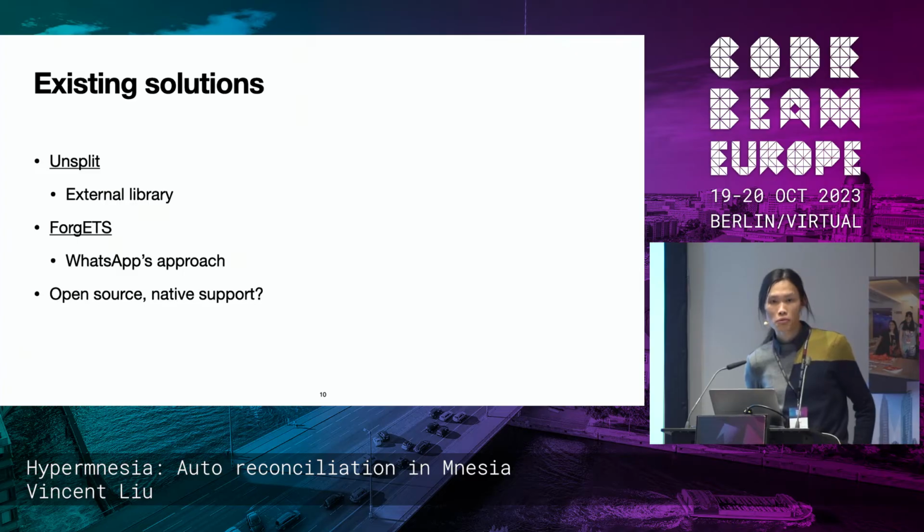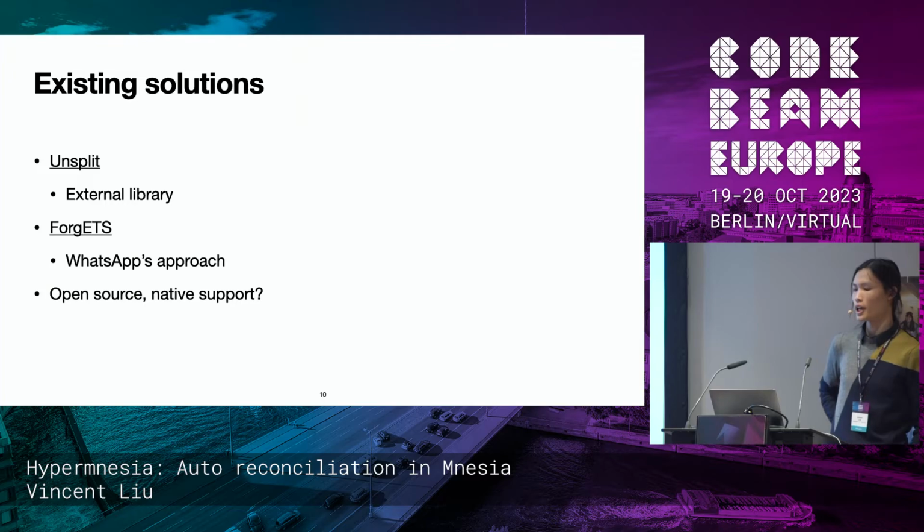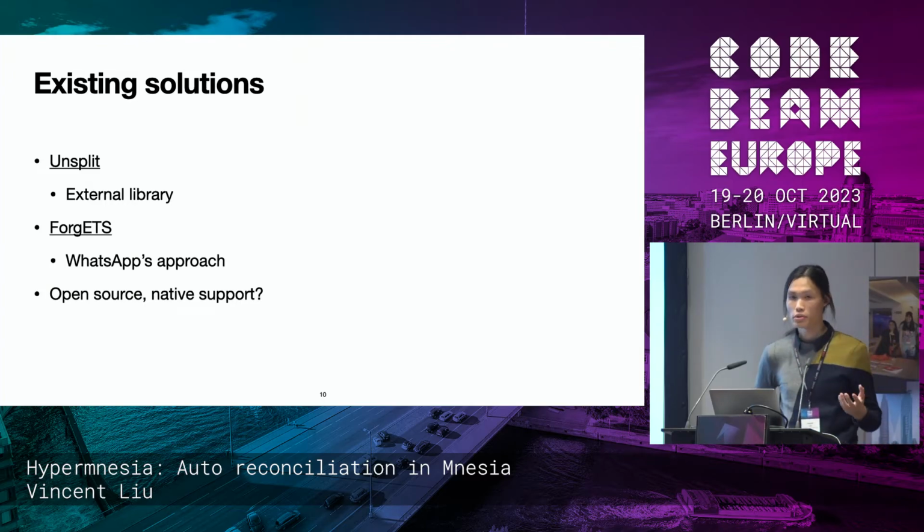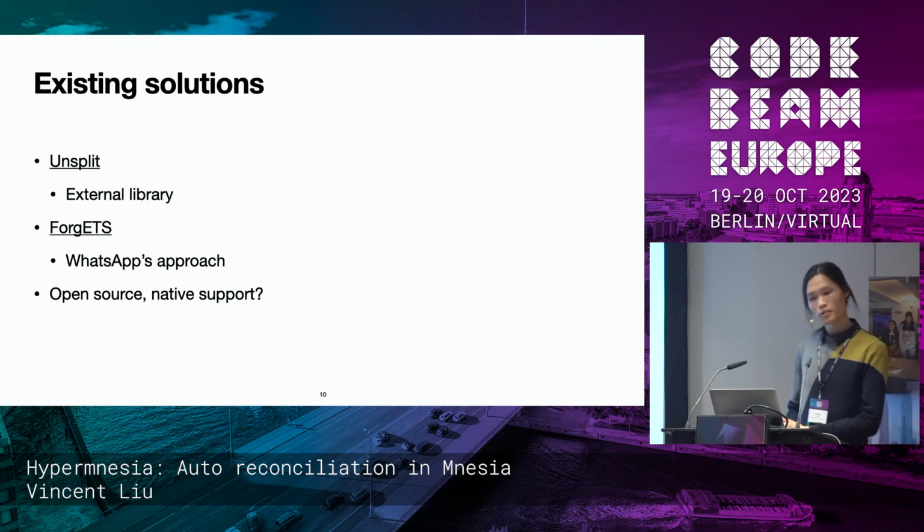Well, there are a few existing solutions. I listed 2. There's Unsplit. Unsplit is an external library that you can use to write some merge functions and then register them, and then they can be applied when the partition happens. There's also Forgets. Forgets was talked about a few years ago, I believe, at Code BEAM.